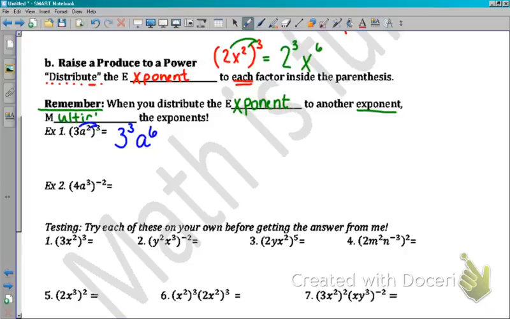Here I'm going to distribute a negative 2. So I'm going to have 4 to the negative 2 and a to the negative 6. Now it just so happens that the 4 feels quite badly about being where he's at, so he's going to have to go to the denominator, 4 to the 2nd.